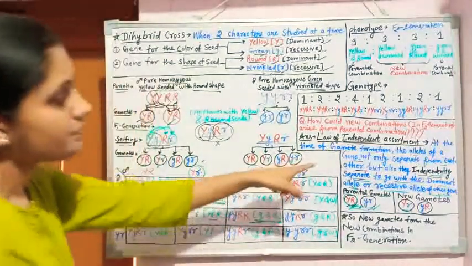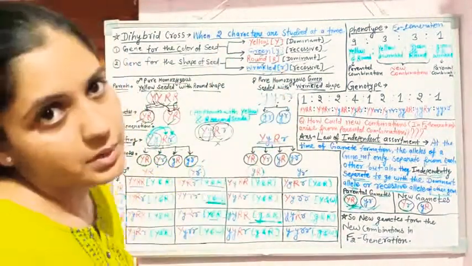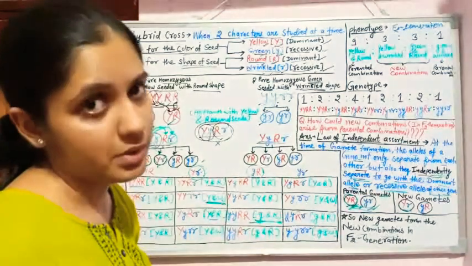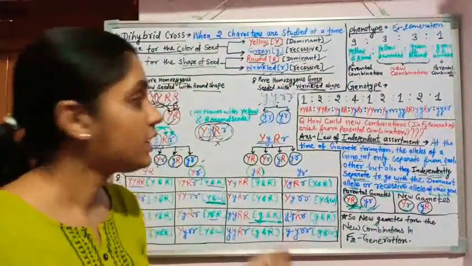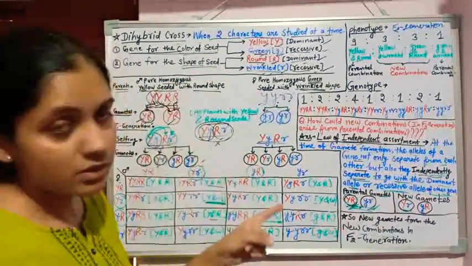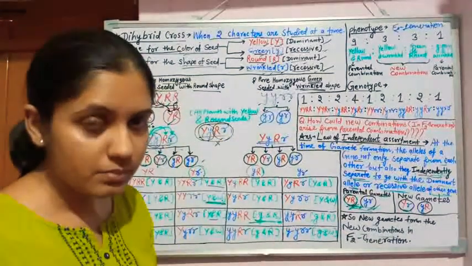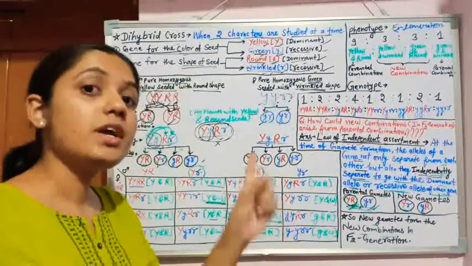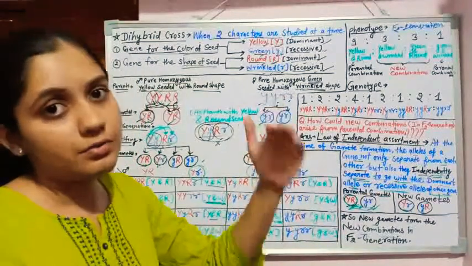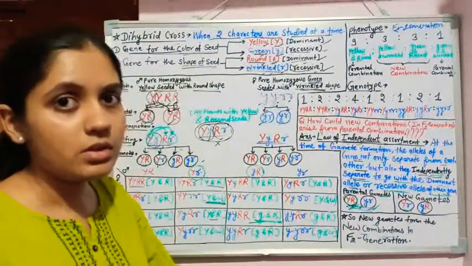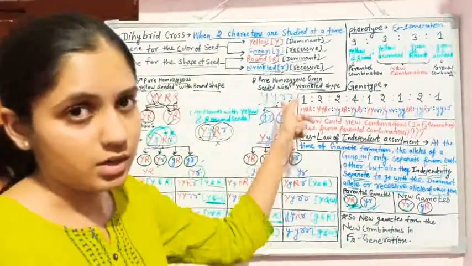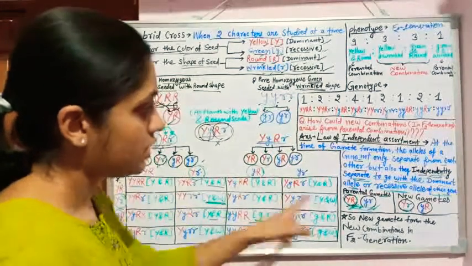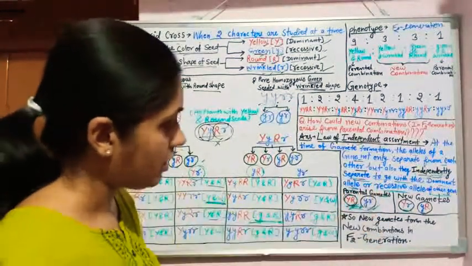But here new combinations also arise, because the yellow seed allele can form the gamete with the round shape allele of the other gene, or the yellow seed allele can also form the gamete with wrinkled shape. And it is the same for the green. So that's why it happened.